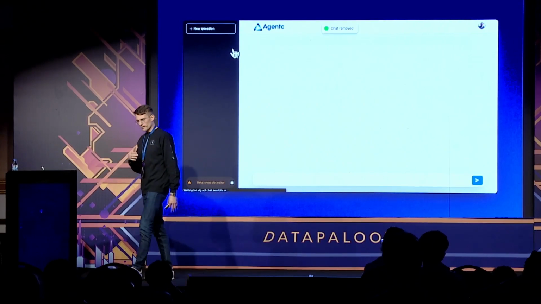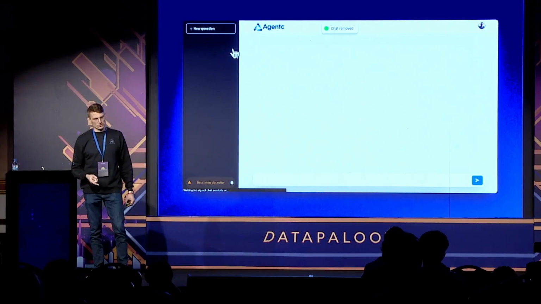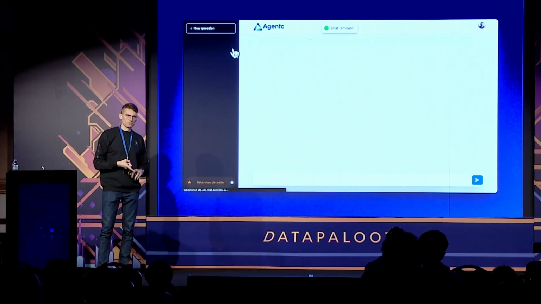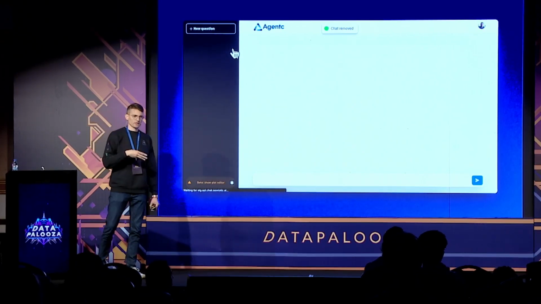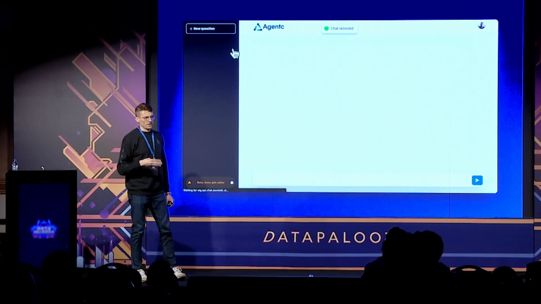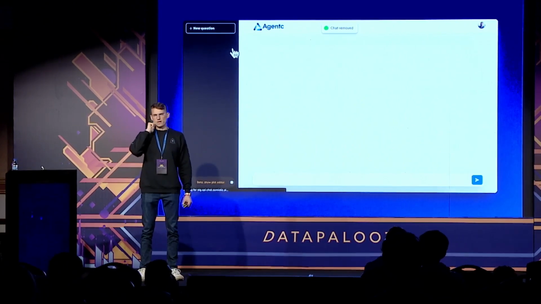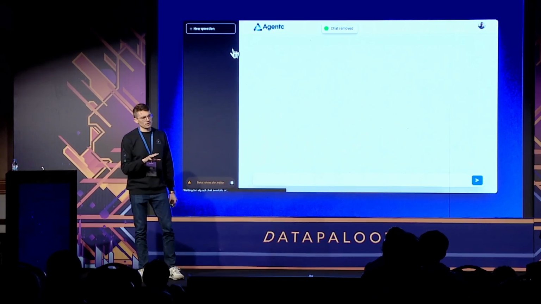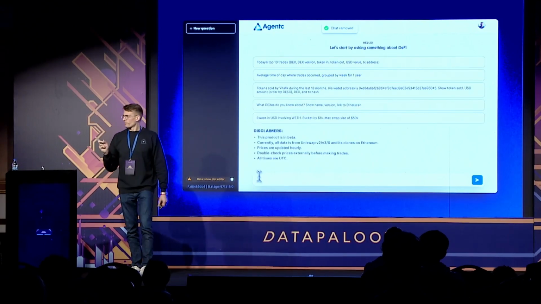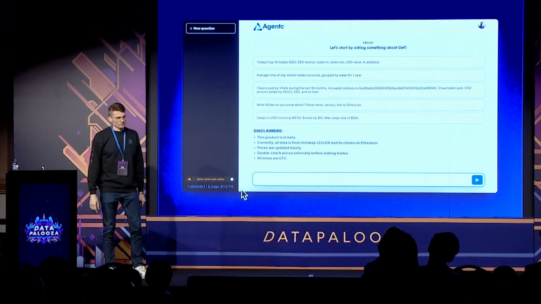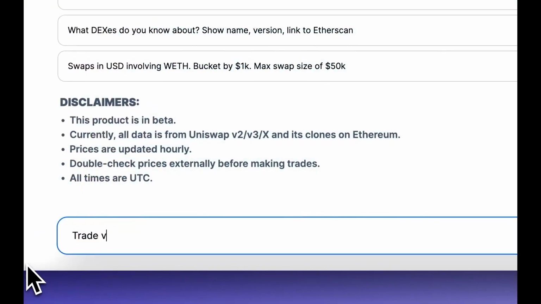The data that we have currently done is Uniswap v2 and all of its clones, Uniswap v3, and Uniswap X. So we have access to all of that data, and that constitutes, I think, about 15 different DEXs. And it's only on Ethereum right now. So press play, please. So you go to Agency, and you can type a question in natural language.